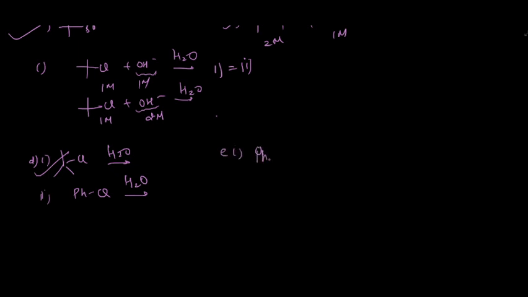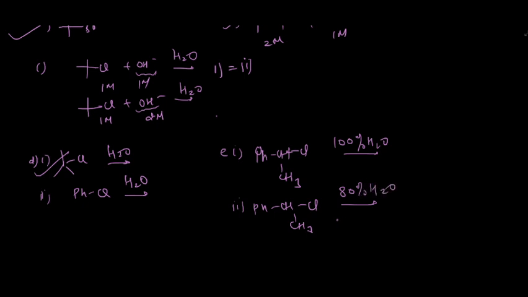PhCH(Cl)CH3 is in 100% water. Second, PhCH(Cl)CH3 is in 80% water and 20% ethyl alcohol. So the answer is 1.